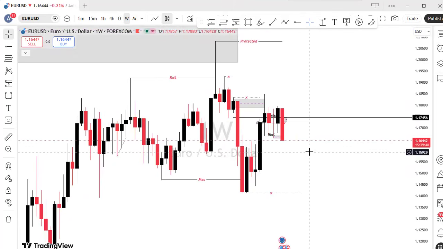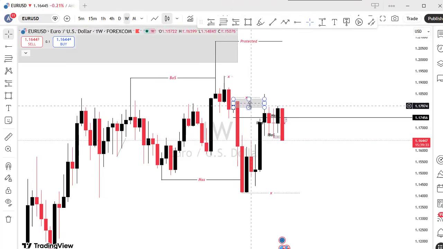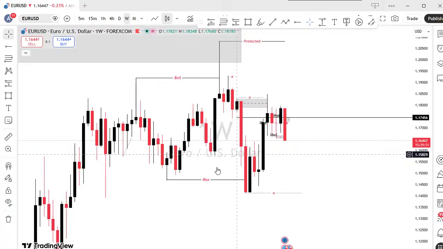All right. So if you have a weekly point of interest and a daily point of interest, it means the market is mostly going to respect the weekly point of interest more than the daily point of interest. So when you go to this time frame, what do you see?